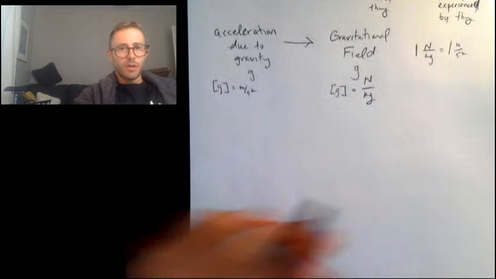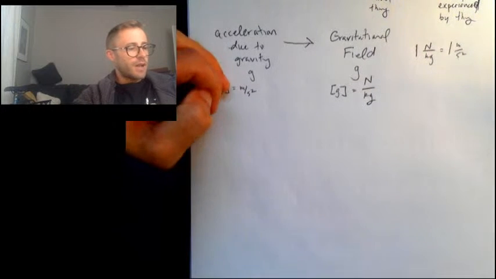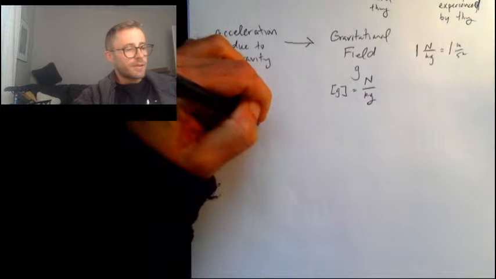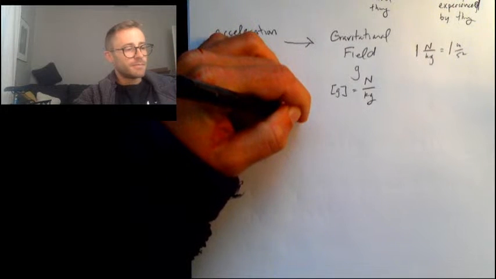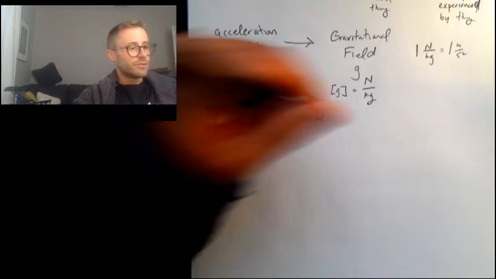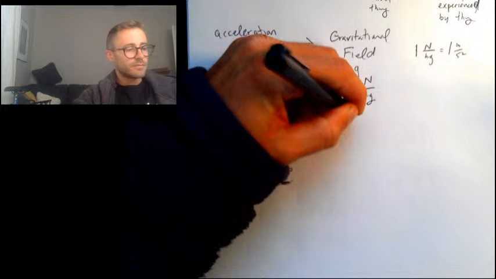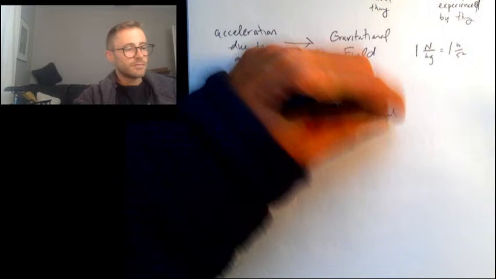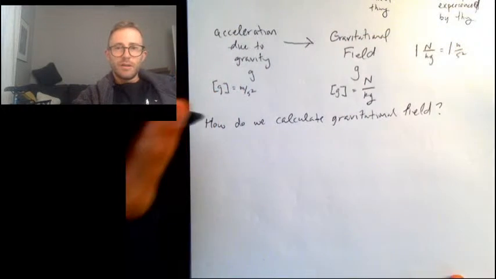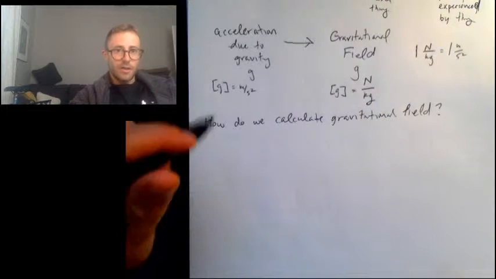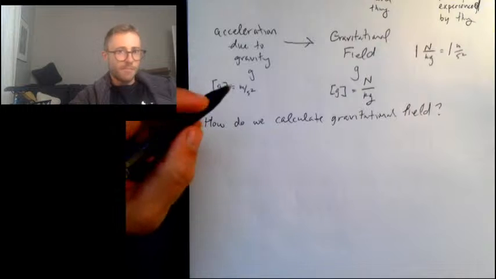So the main question of today is, how do we calculate the gravitational field? Basically what we're going to do is learn how to calculate it in a couple of different scenarios.